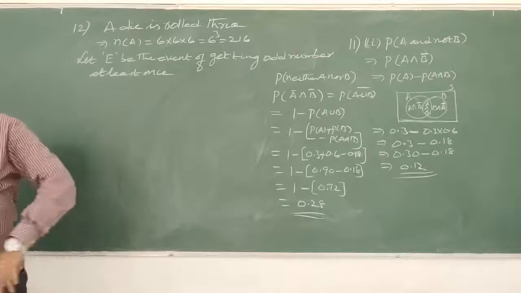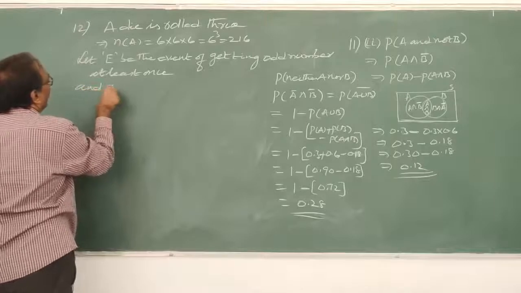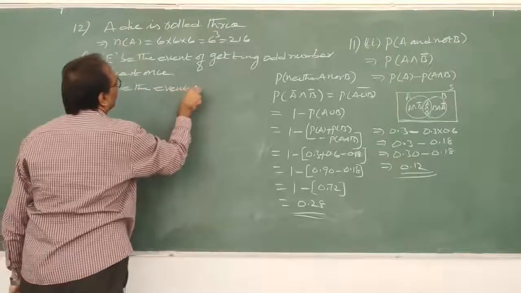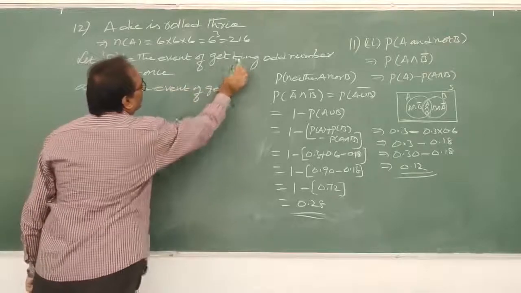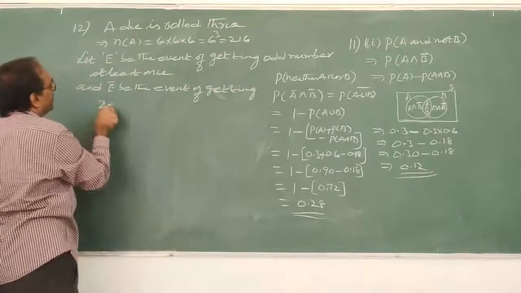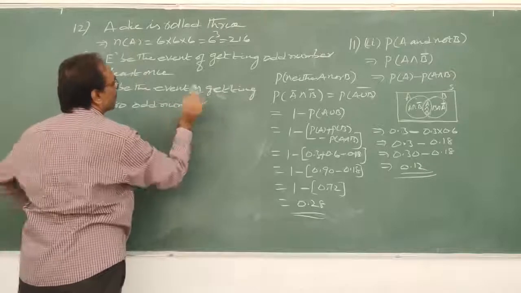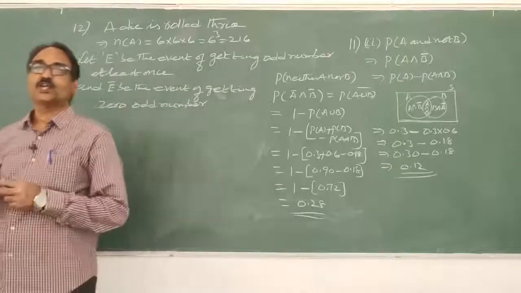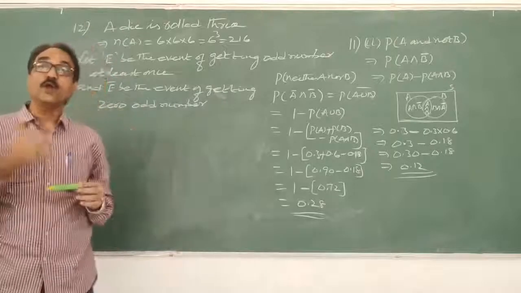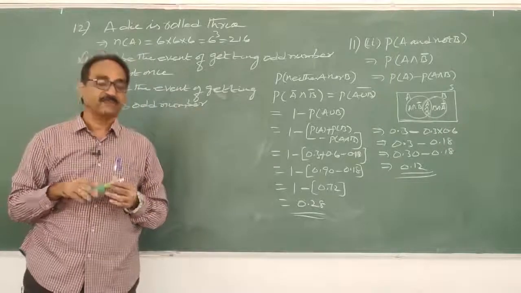Now what is E bar, the complement? Let E bar be the event of getting 0 odd numbers, which means not getting even one odd number. At least means 1 and above. In 216 cases, counting 1 and above odd numbers is very difficult.